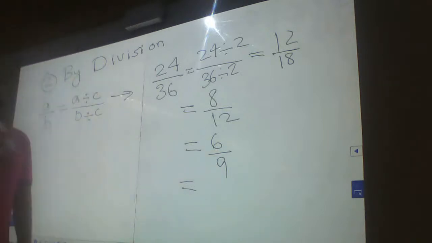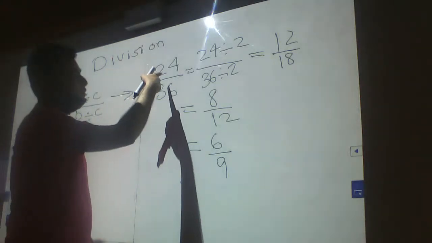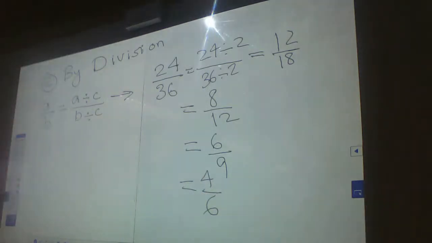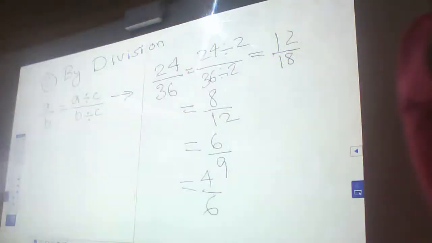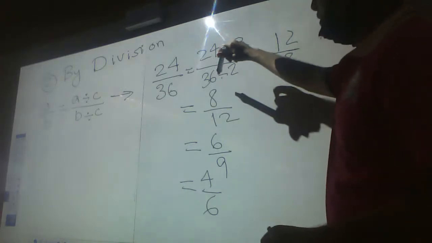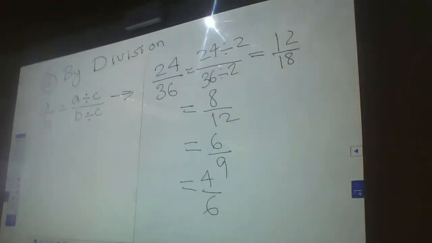Again, if I go with 6, so we can do 4 over 6. So these are all equal fractions. This uses the division method. Divide by any number which can divide both. You have to use the same number for the numerator and the denominator.